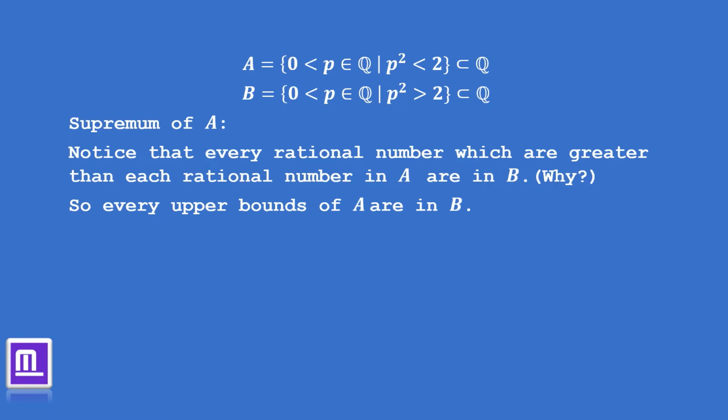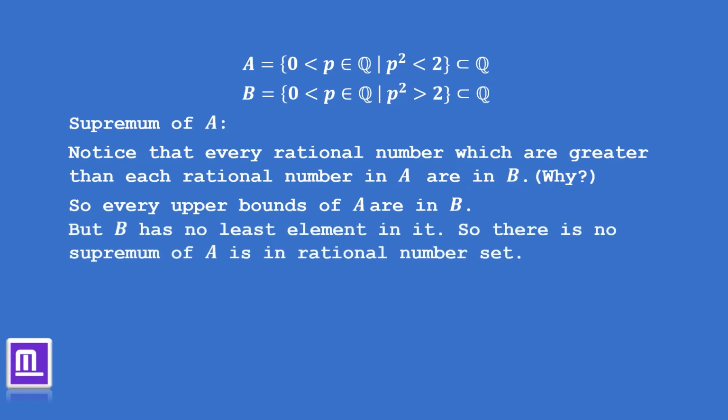That means B should have a least element, but B has no least element. This is what we studied in video number 2. So there is no supremum of A in the rational number set. That means we got an example of a bounded set which is a subset of Q such that its supremum does not exist in Q.